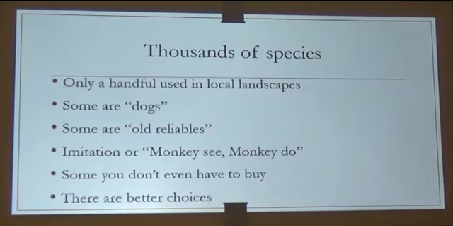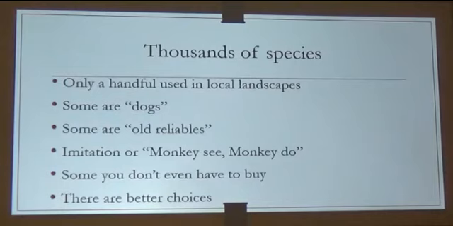Some people have an odd, interesting thing sometimes, but most yards, as you go down the street, it's like, okay, another silver maple, another linden, another burning bush. You see the same stuff all over the place. Some of them are not great choices, but people choose them because that's what's being sold, and that's what they see in everybody else's landscape.